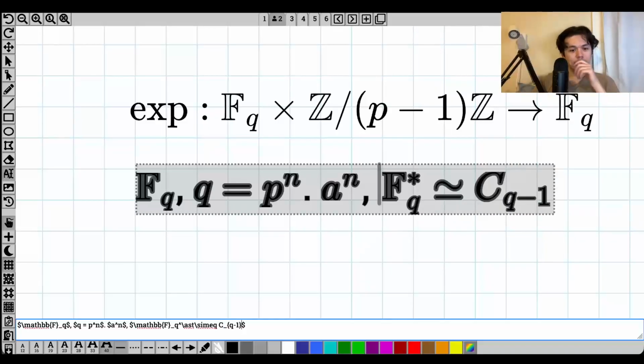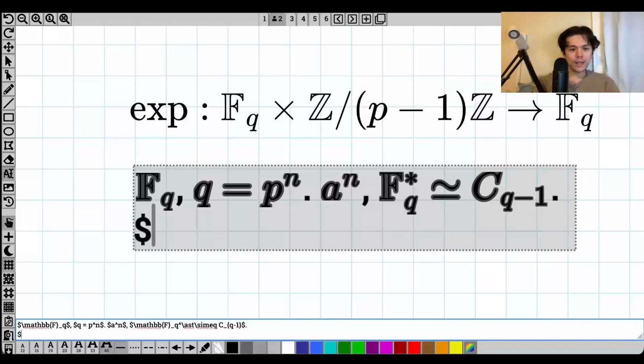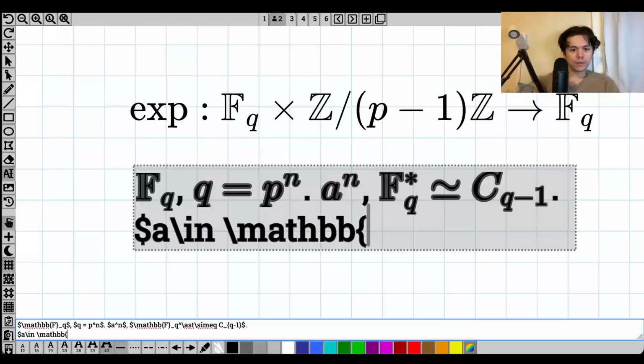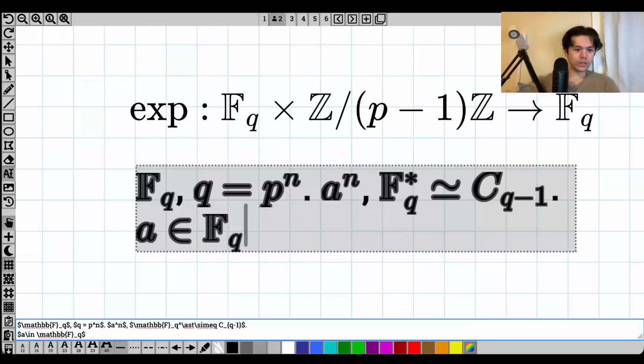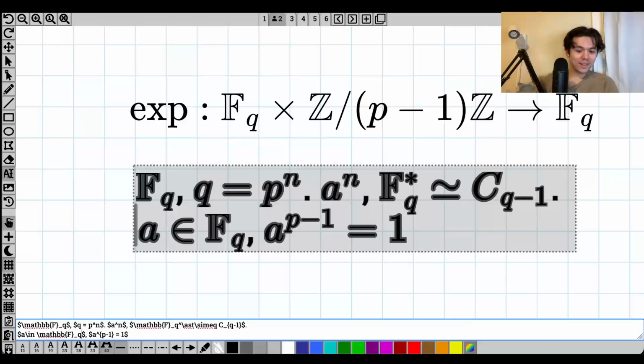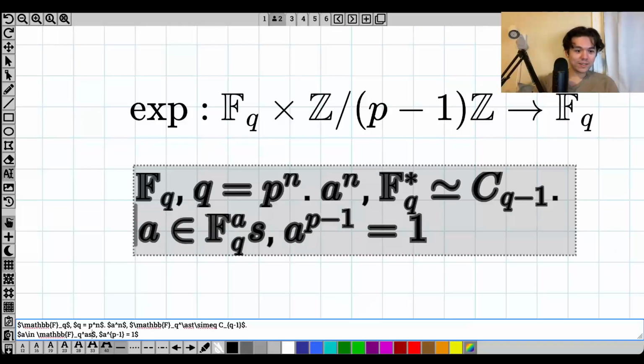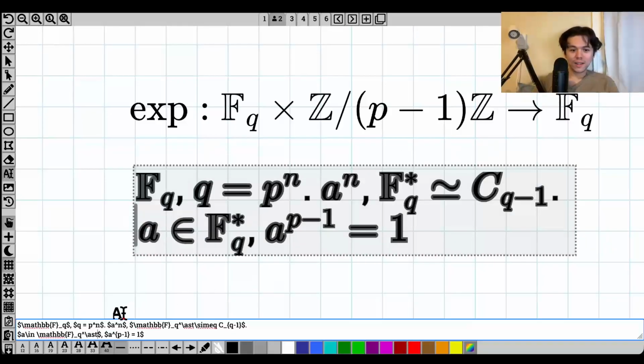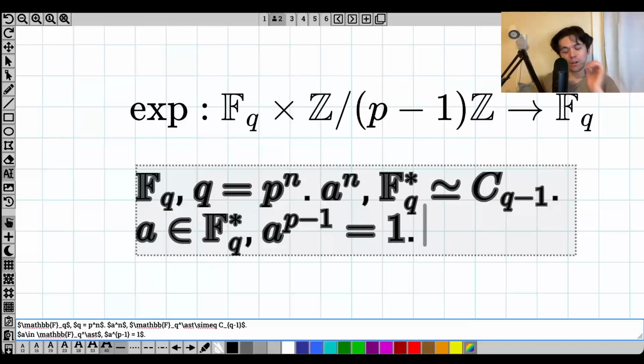And so that means that if I take any element a in F_q, then a to the q minus 1 equals 1 on the units, and on 0, it equals 0.